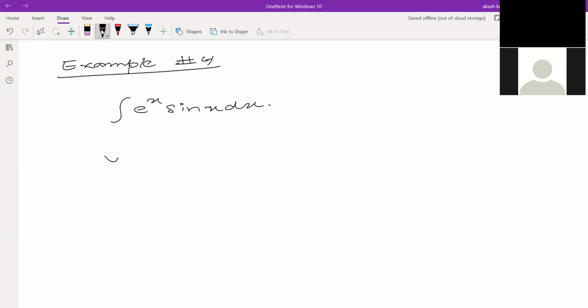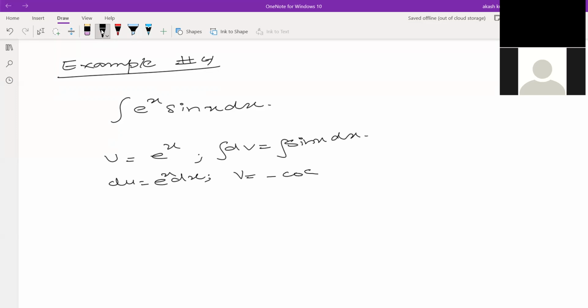Okay, now let's take u as e^x and dv as sin x dx. So du becomes e^x dx, and the integral of dv becomes v, and the integral of sin x becomes minus cos x. So uv minus integral of v du.